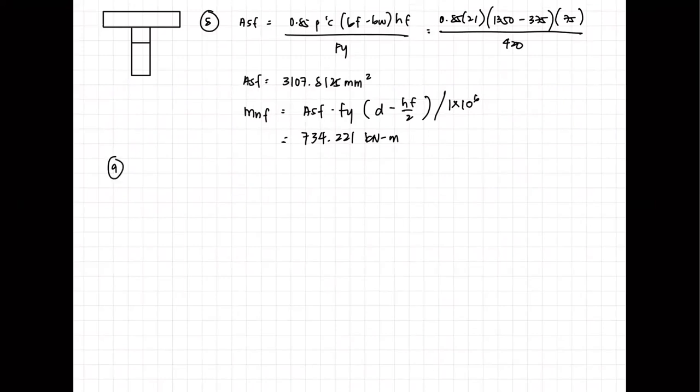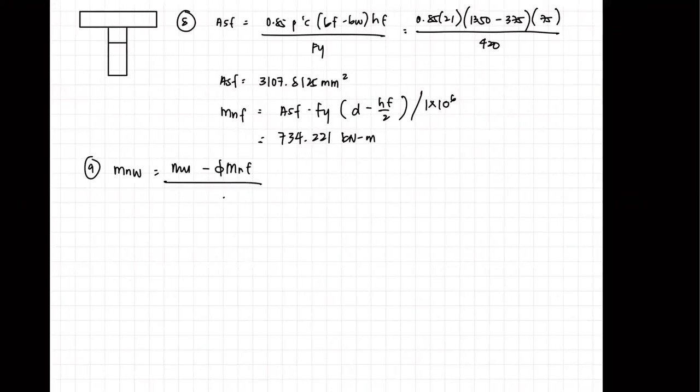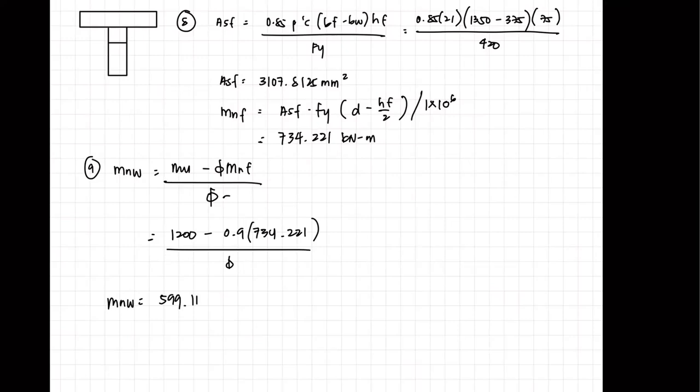Step 9 is to get our MnW using Mu minus phi MnF all over phi. So our Mu is 1,200 minus 0.9 of 734.221, all over phi. So MnW is equal to 599.113 kilonewton meter.